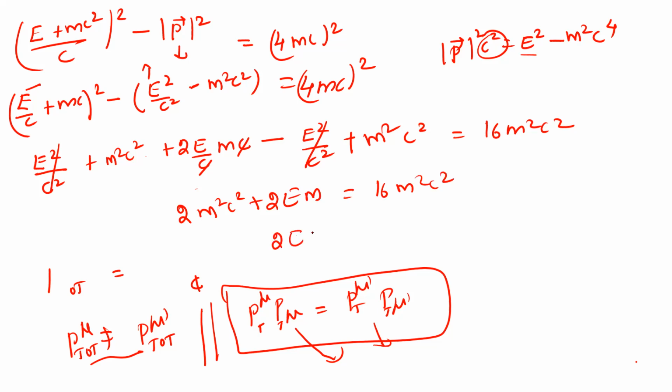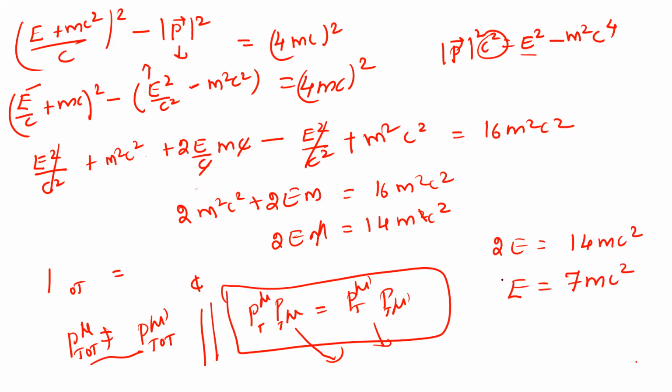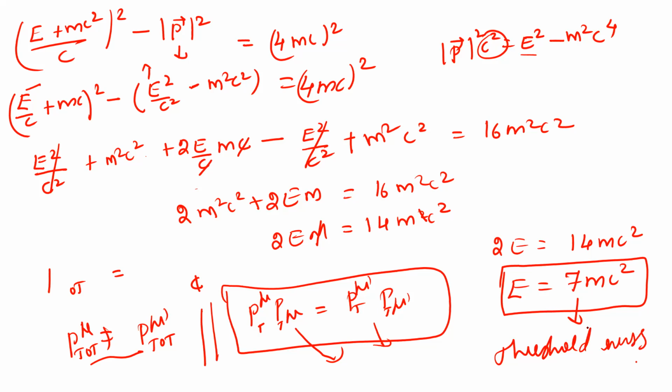So 2Em is equal to 16 minus 2, which is 14, right? m square c square. So this m and this m get cancelled. So 2E is equal to 14 mc square, or E is equal to 7 mc square. This is the threshold energy.